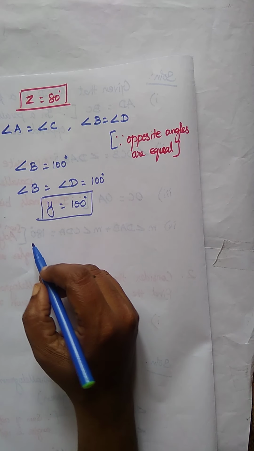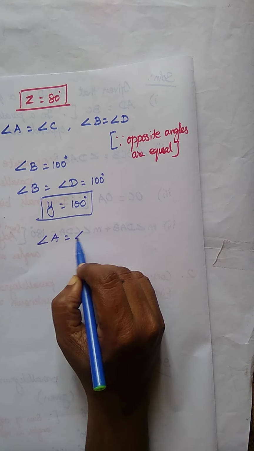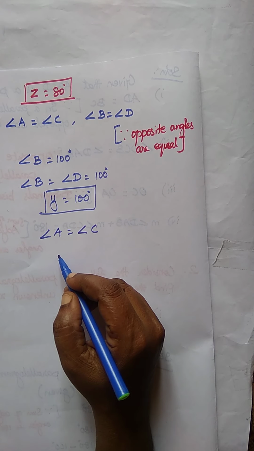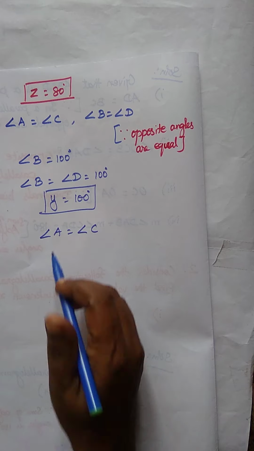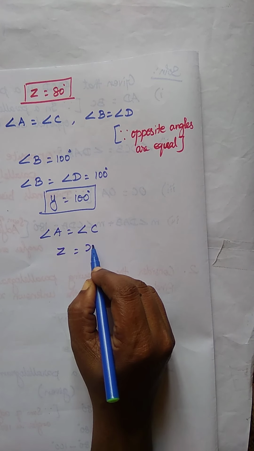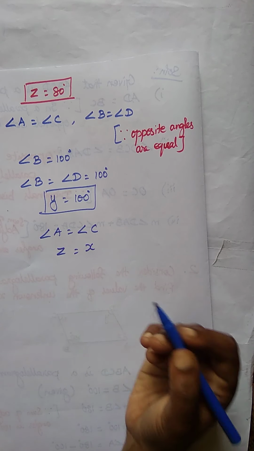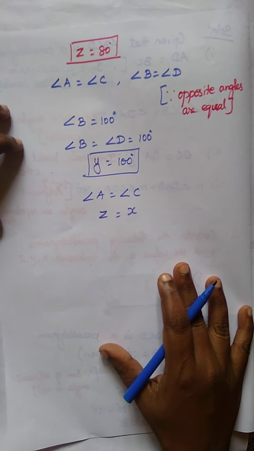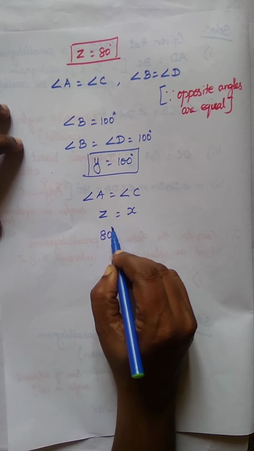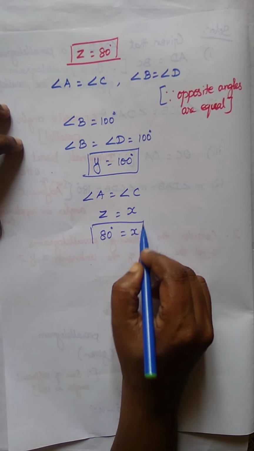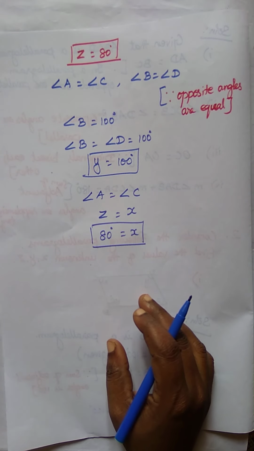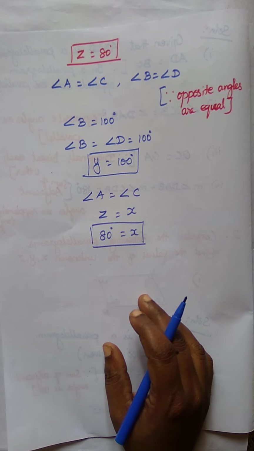So now the Z value is 80 degrees, equal to X. So X is 80 degrees, Y is 100 degrees and Z is 80 degrees.